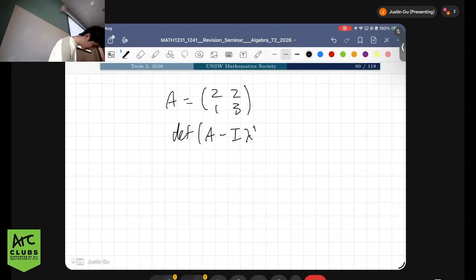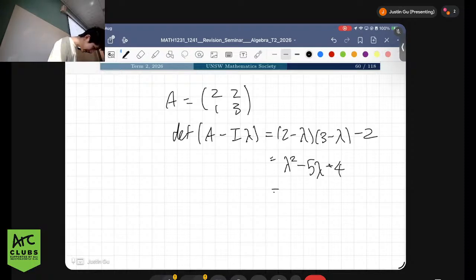It's given by (2 minus lambda)(3 minus lambda) minus 2. If I expand that, I get lambda squared minus 5 lambda plus 6 minus 2 plus 4, and this is 0. So I get that lambda is either 1 or 4. So we'll look at the eigenvectors corresponding to that.